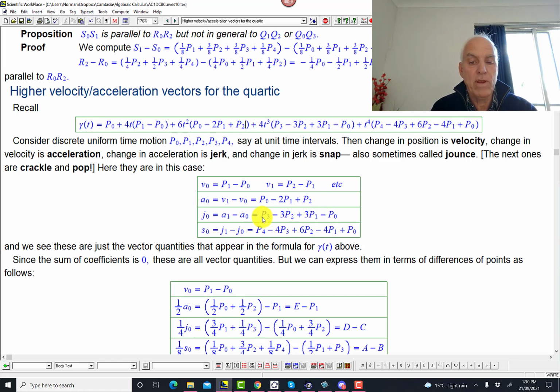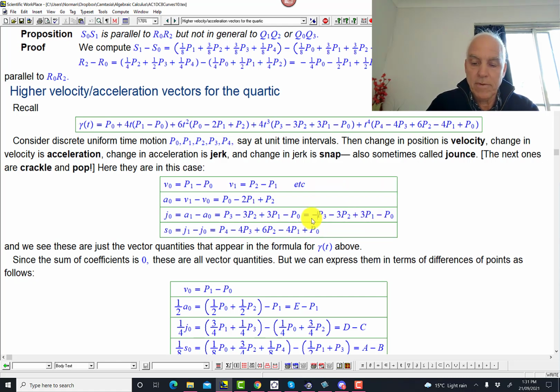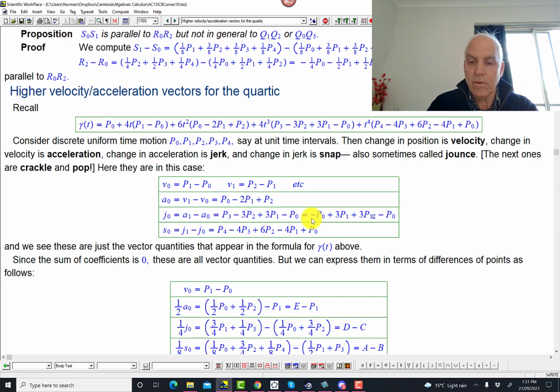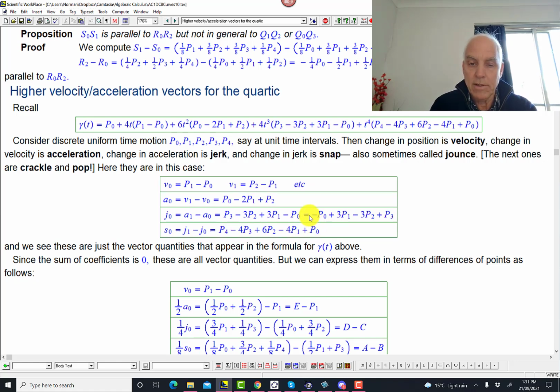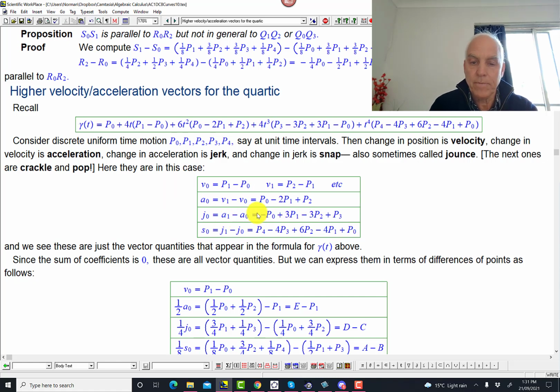And I'm going to rewrite this, just to put it in increasing order, so I have to change the sign. That one has a minus sign, and then plus P3. Does that look about right? Yeah, I think that's right. So we'll use that instead. So that is J0, the zeroth jerk, and that's the same thing as this thing here. We'll just put it in there.